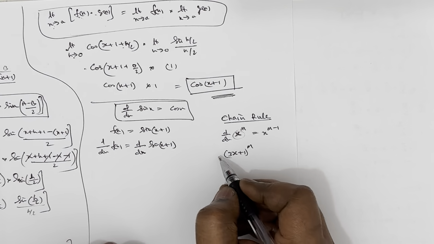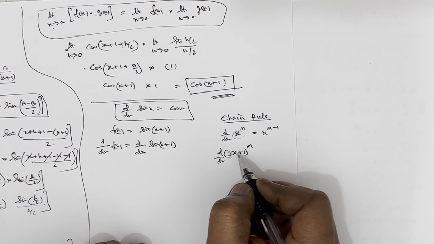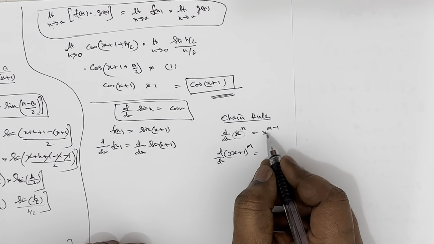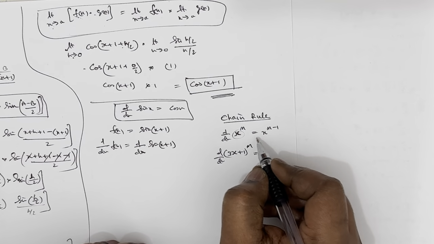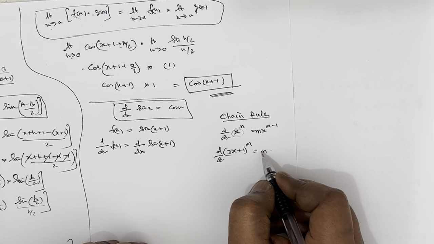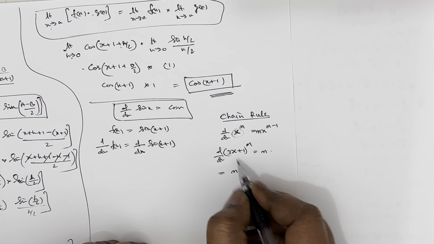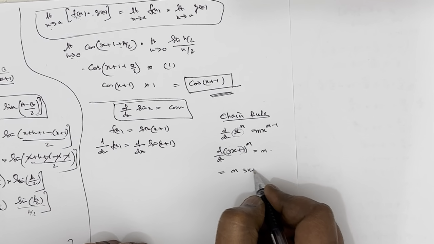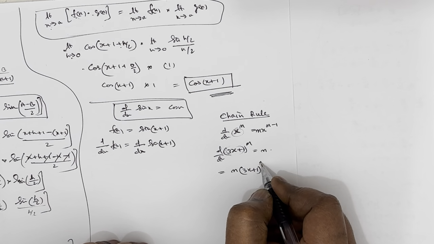Then d by dx of this will be n into (3x + 1) whole power n minus 1.